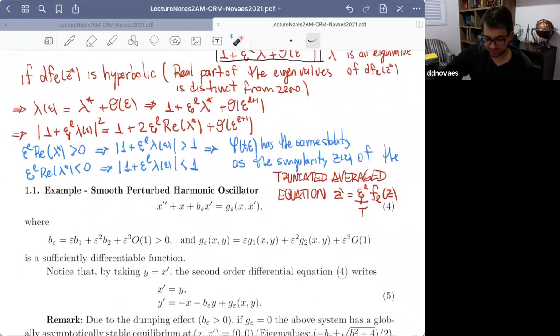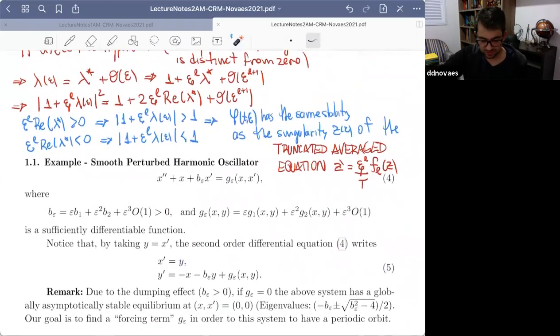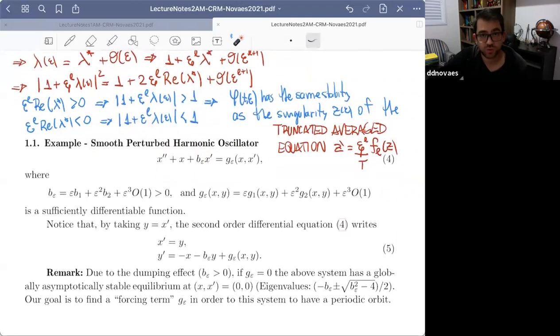Okay, so let's now study an example where we can apply the averaging method to study the existence of periodic solutions. Let's consider a smooth perturbation of a harmonic oscillator. This one is a second order differential equation.